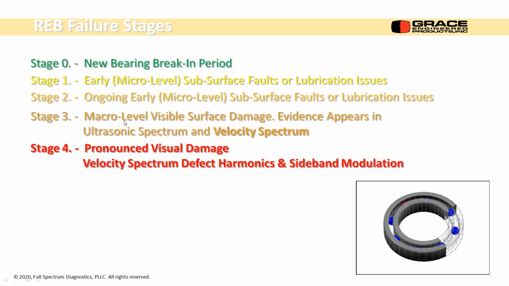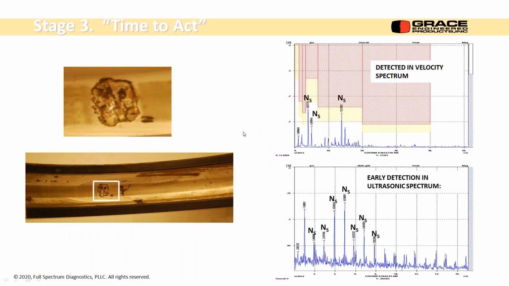Stage 3, macro level, visible surface damage. Evidence appears in the ultrasonic spectrum and the velocity spectrum. So stage 3 is where we start seeing defects in the velocity spectrum, defects in the ultrasonic spectrum. This was a fracture below the raceway surface, and it pits out when it loses all the contact there.